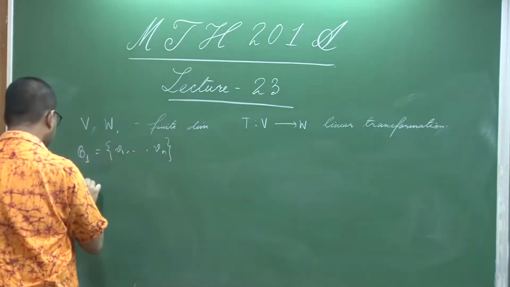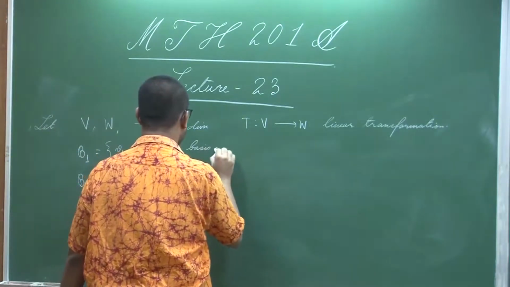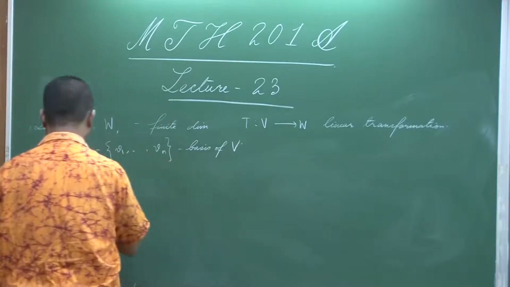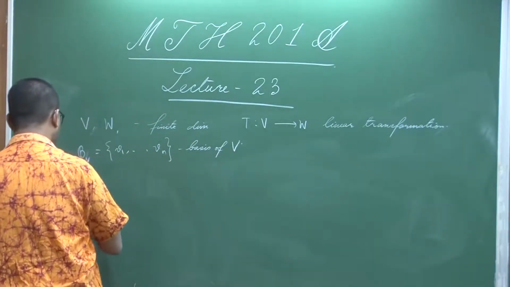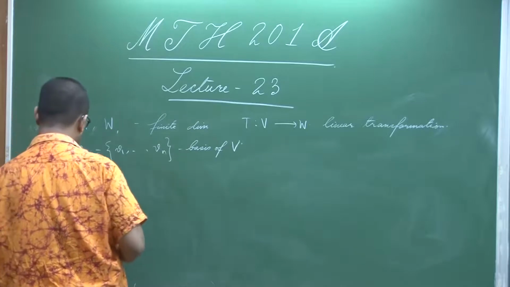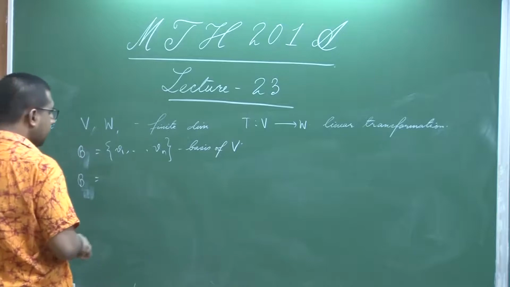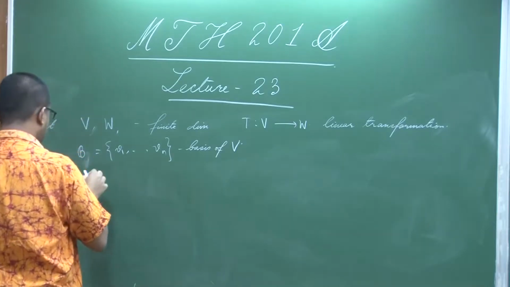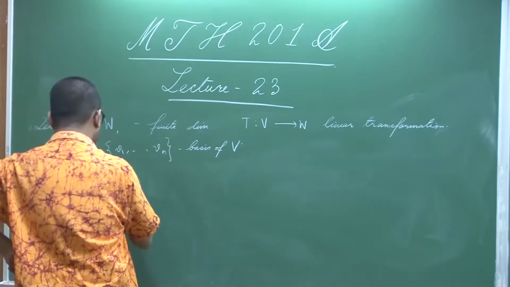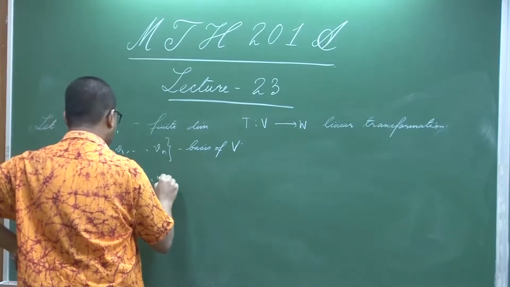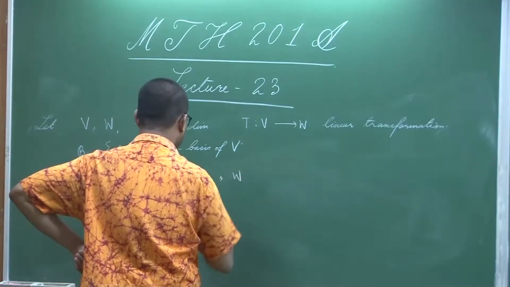And this is the basis of V. Let us write B and B dash, because the notations will be too complicated. And here let B prime be the basis of W.